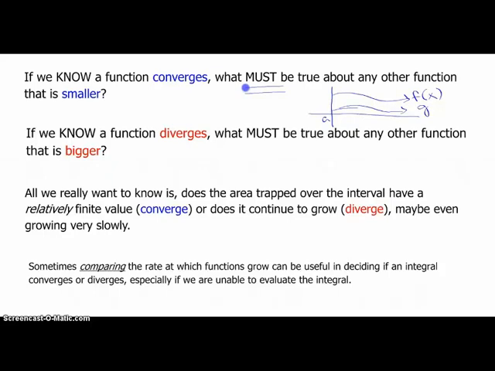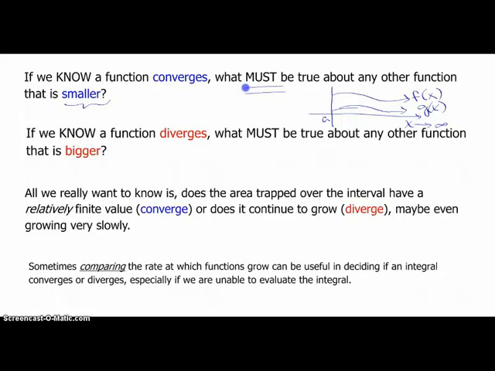And let's say we have another function, g of x, whose outputs lie in the plane below f of x everywhere on the interval as x tends toward infinity. That's what I mean by the function being smaller. Doesn't it have to be true then that over the same interval from a up to positive infinity, the area under g of x must also converge?